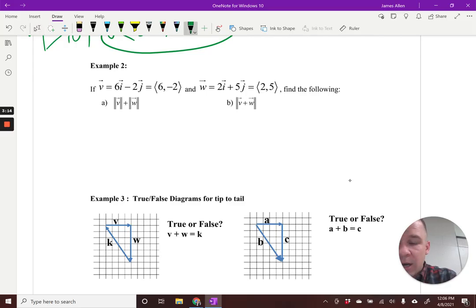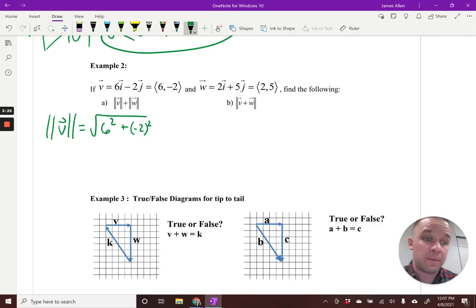So the magnitude of V, we've already done that. That'd be 6 squared plus negative 2 squared. Doesn't really matter. It's negative because it's going to turn positive. So I get the square root of 36 plus 4 is 40. So that's going to be 2 root 10.